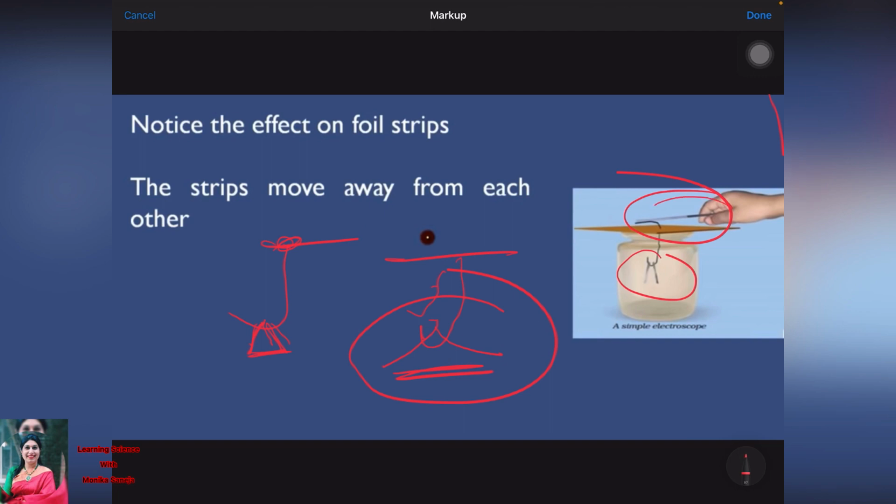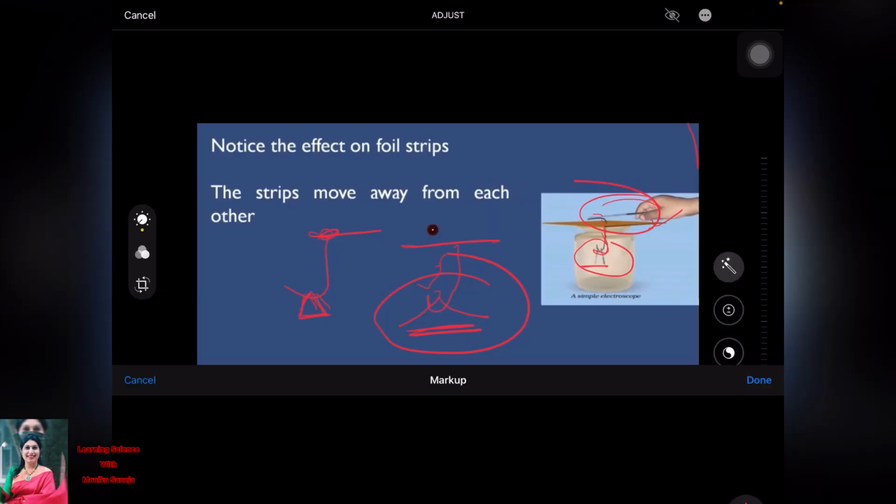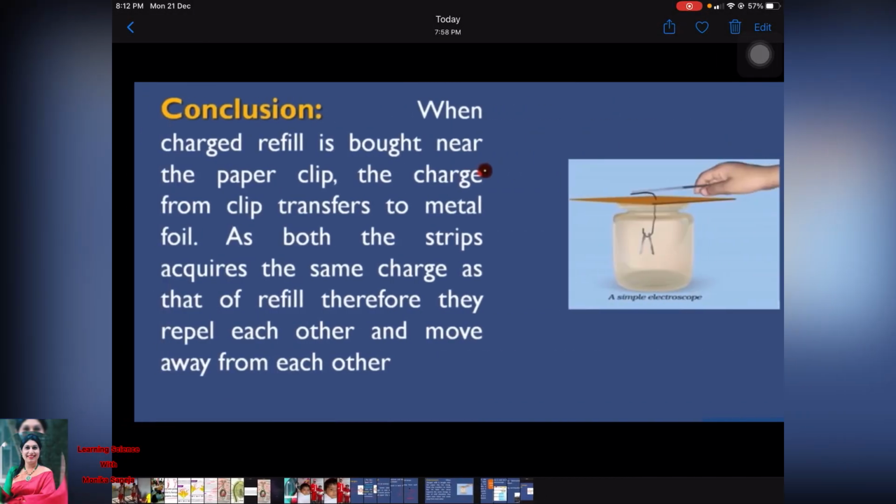The charge which is present on this refill or on the glass rod is transferred through this conductor. Metals are conductors. Through this metal wire it reaches the aluminum foil. That aluminum is also a conductor, but the charge is the same. That's why the repulsion occurs, the strips move away from each other. You can easily see in the diagram.